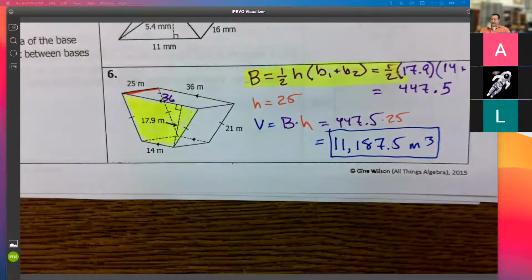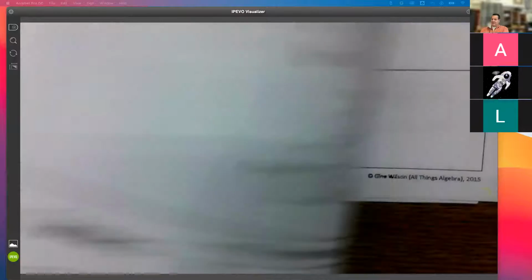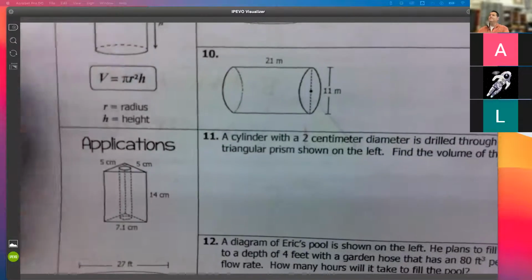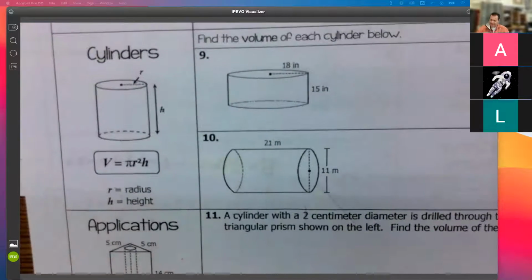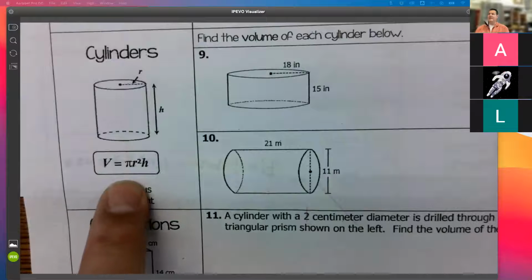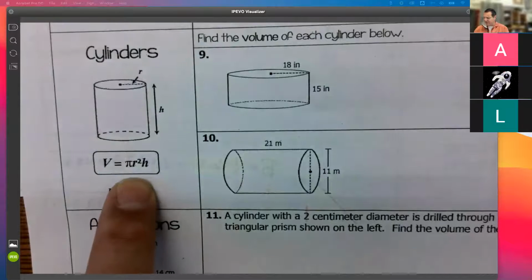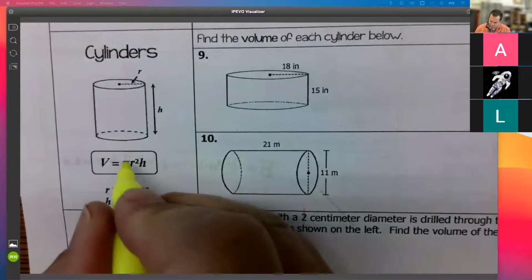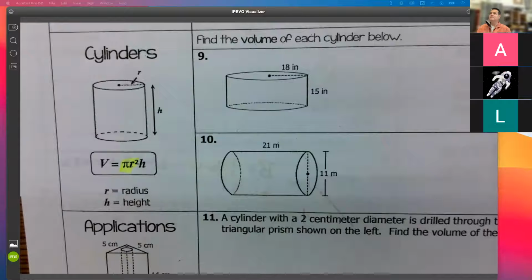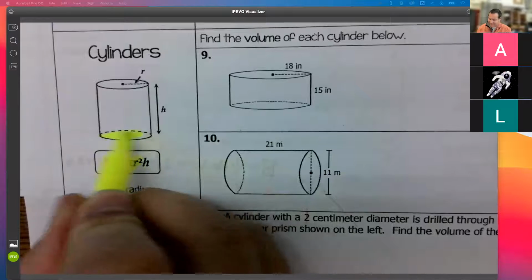There's only one other application of this that's specific, which is when it's a cylinder. And again, they're trying to show us this new formula, like, oh, look, a new formula, pi r squared h. But you guys know, what is pi r squared? It's the area of the base, isn't it?